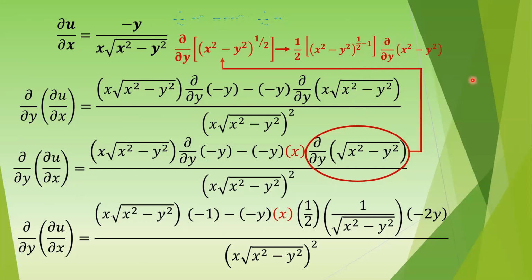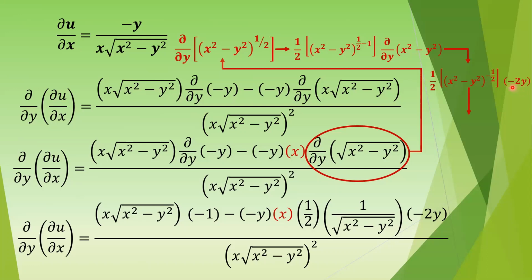Then, again, simplifying, we will have 1/2 x squared minus y squared raised to negative 1/2 na yun. Ayun, 1/2 minus 1, negative 1/2. So, differentiating this one, with respect to y, ang partial derivative ng x squared ay 0 kasi yan ay constant. Derivative ng y squared ay 2y, kaya meron kang 0 minus 2y, we have negative 2y.